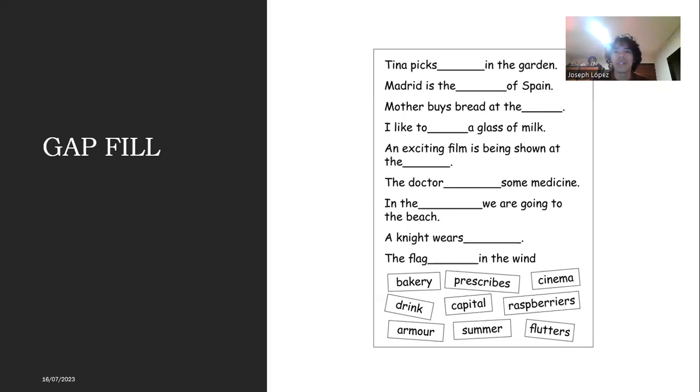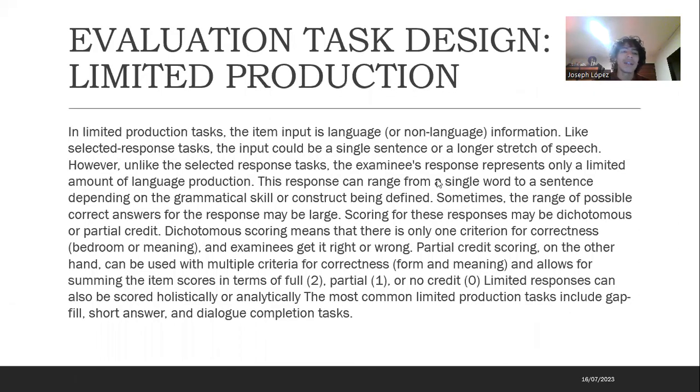It's not hard like if the answer was one sentence or one paragraph in which we should read and see what grammatical mistakes or errors there are. Okay, and like I say, it is a limited production.